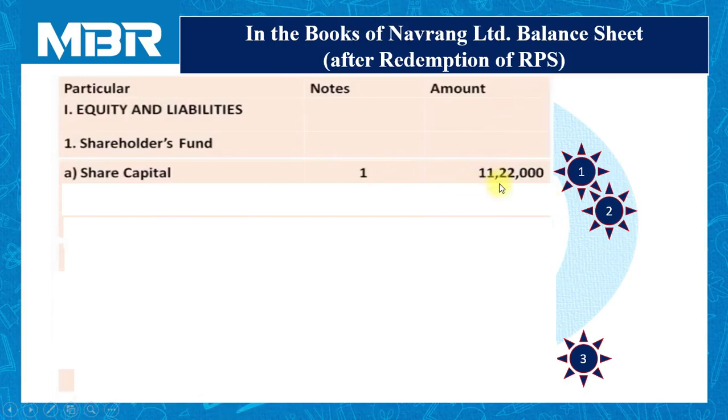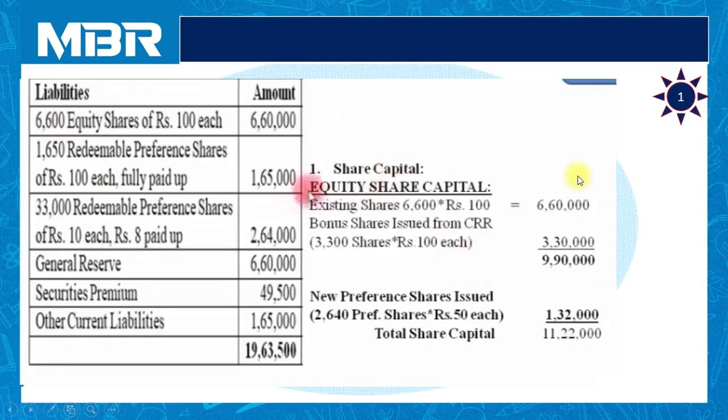Share capital. Note number 1, total amount of share capital is rupees 11,22,000. Let us visit the calculation of note number 1. Note number 1 is all about share capital.